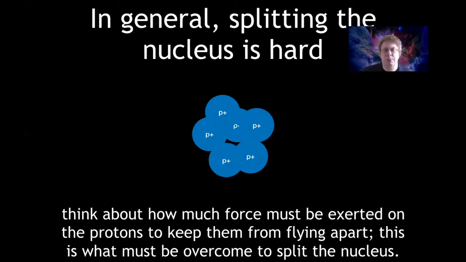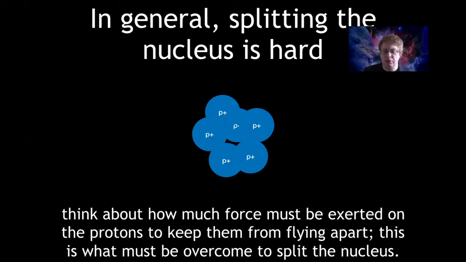So I want you to remember back to the lectures about electric forces and electromagnetism, where I showed you how positive charges and negative charges attract each other. It's also true that like charges, positive charges and positive charges, repel each other. So it's a little bit strange if you think about it that you'll have a nucleus full of all of these positively charged protons.